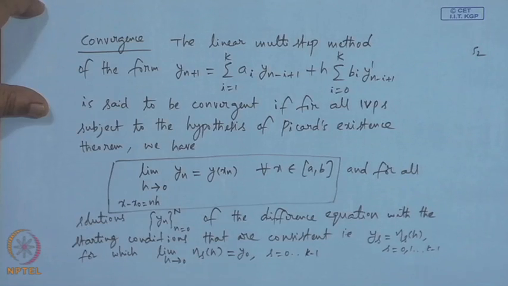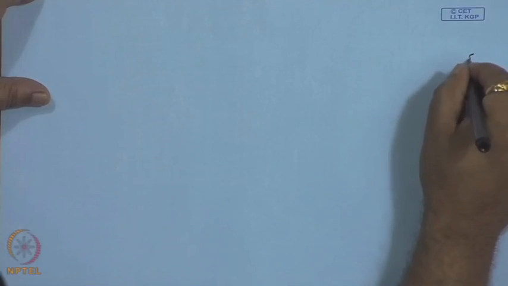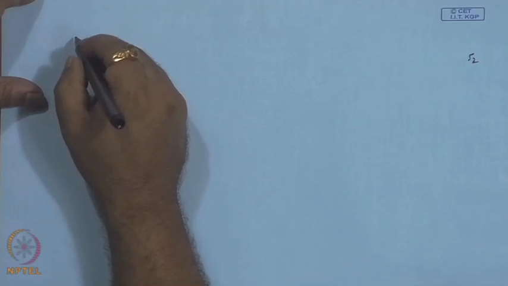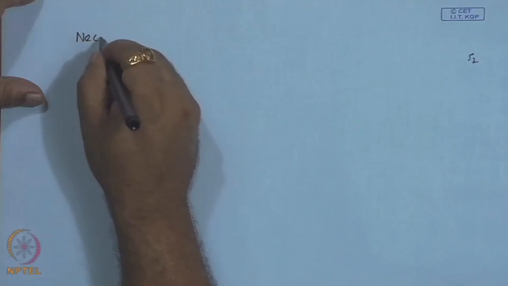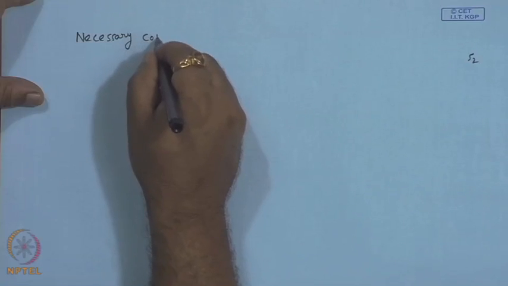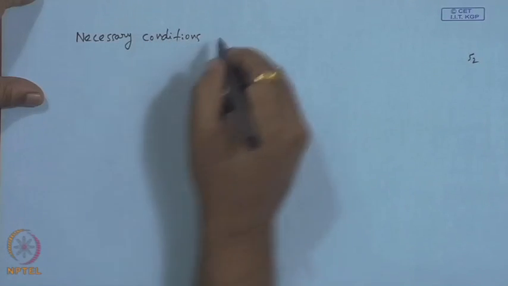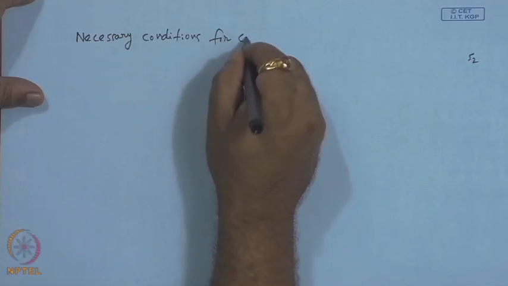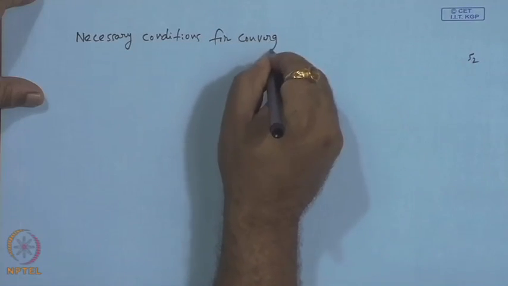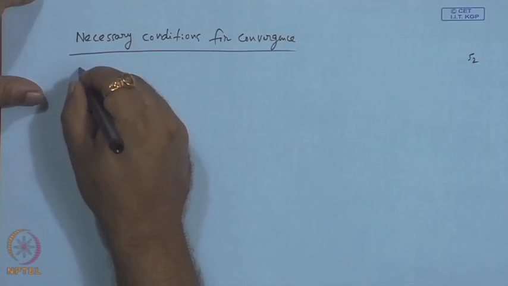So, this is convergence. There are some necessary conditions for a linear multistep method to be convergent. Necessary conditions for convergence.